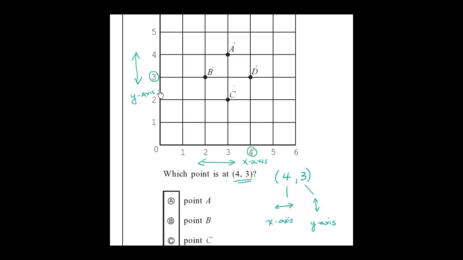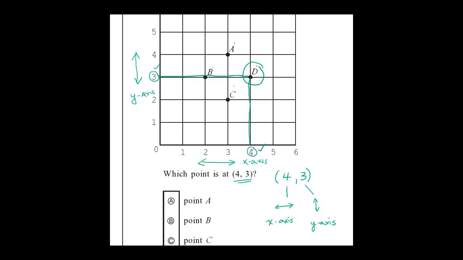And to figure out what point is at 4, 3, what we need to do is take this position and draw it across, and take this position and draw it up. And we can see that point D is at position 4, 3.